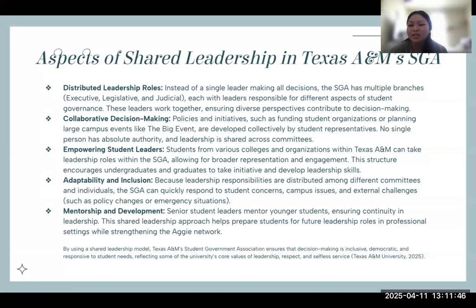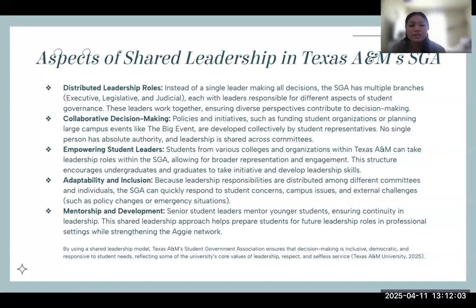By using the shared leadership model, the Texas A&M Student Government Association ensures that decision making is inclusive, democratic, and responsive to student needs while also reflecting the university's core values of leadership, respect, and selfless service.